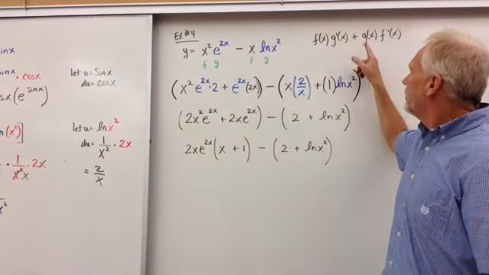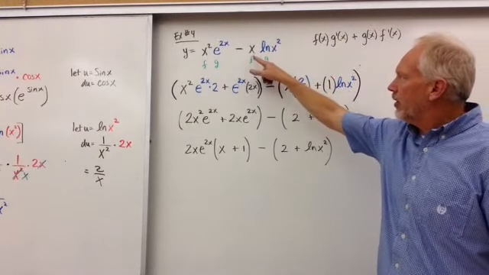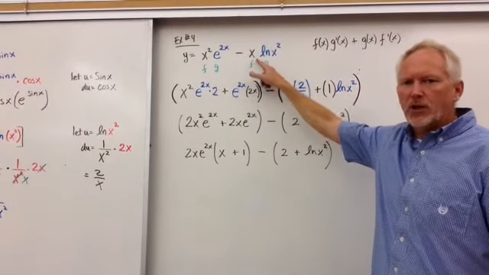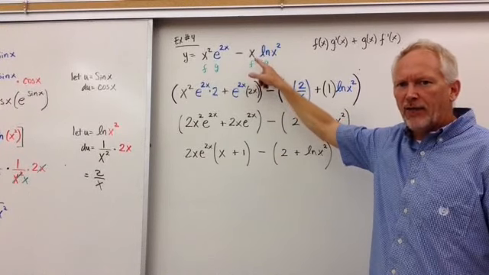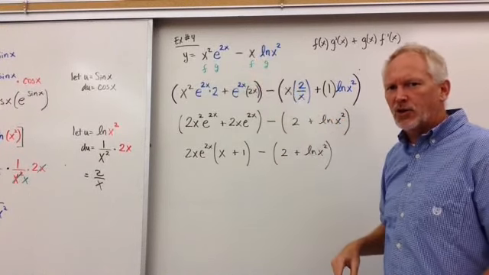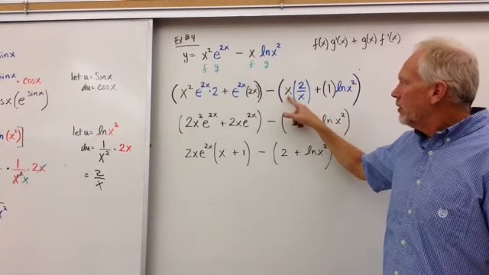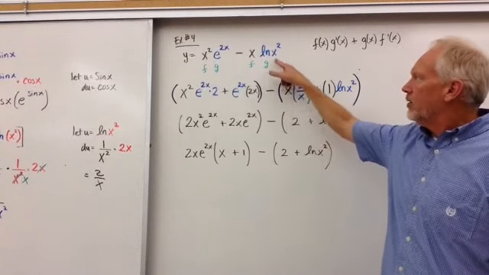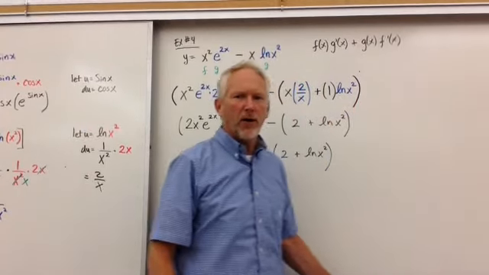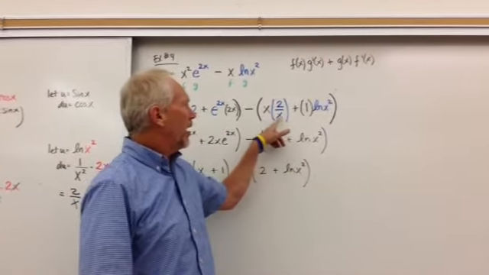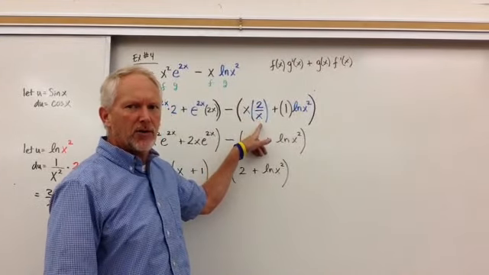Well, here is another f and g, which is another product rule. x as f and ln x squared is g. So x and then ln x squared, go over here now, ln x squared turns into 2 over x.